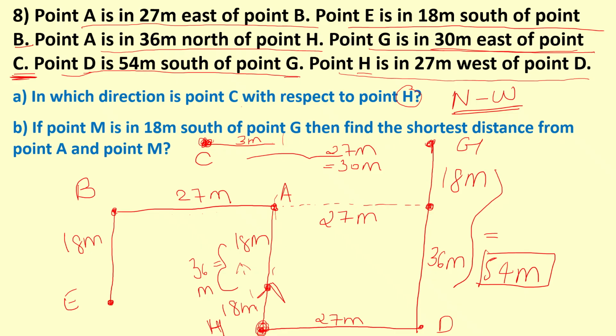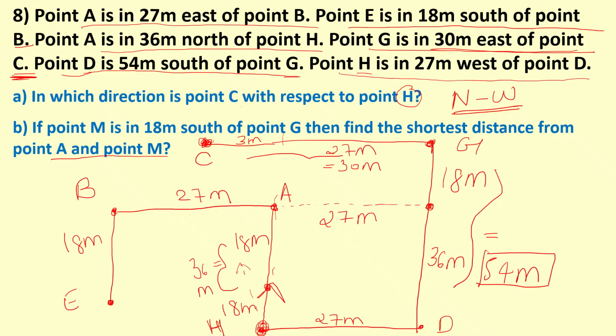Understanding, right? Northwest is your answer. Now, second question, what they have said, see. If point M is 18 meters south of point G, then find the shortest distance from point A and point M. Now, this type of question is asked, okay?